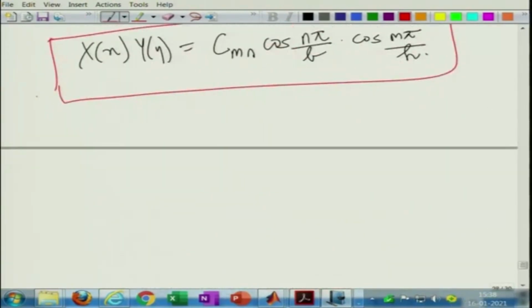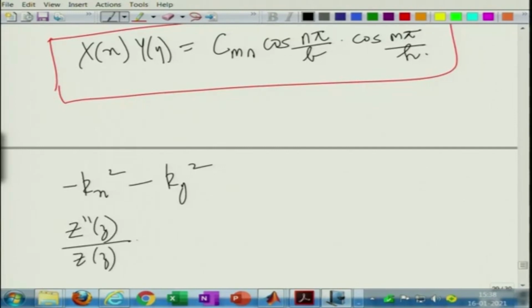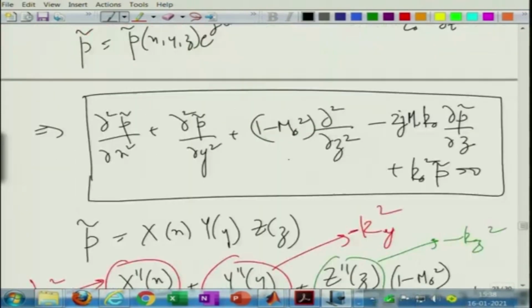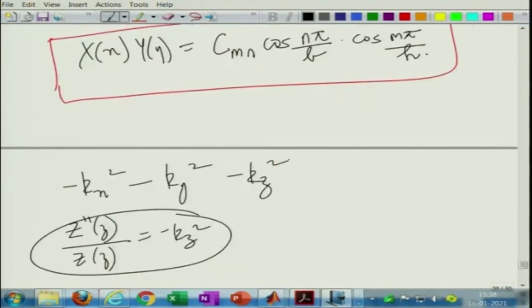Anyhow, what is obviously important is that we have to substitute kx square and ky square, and also insist that this term is minus kz square. We will keep this here and carry on our regular business of multiplying this.